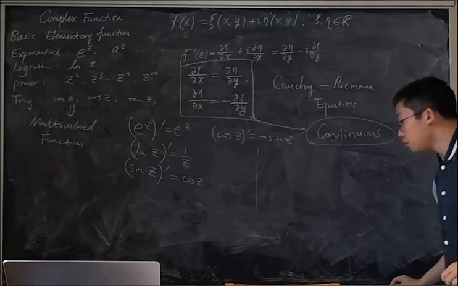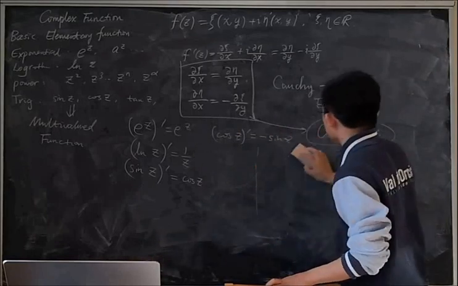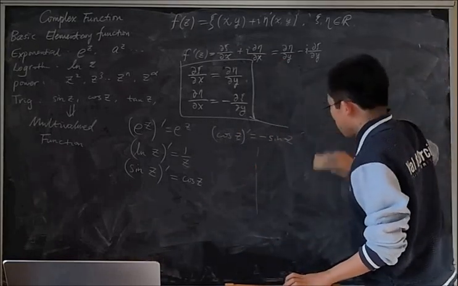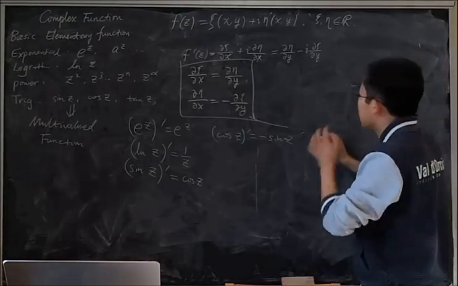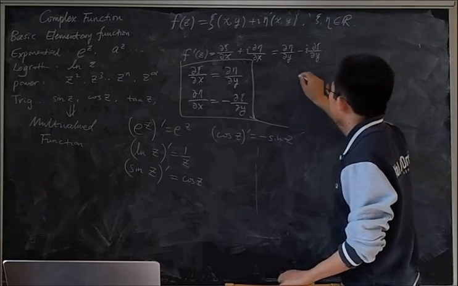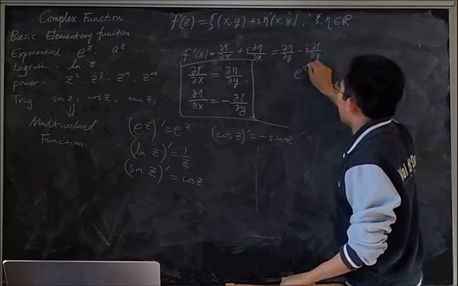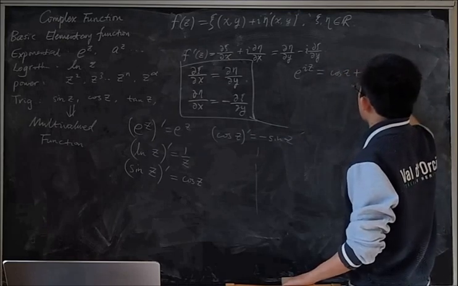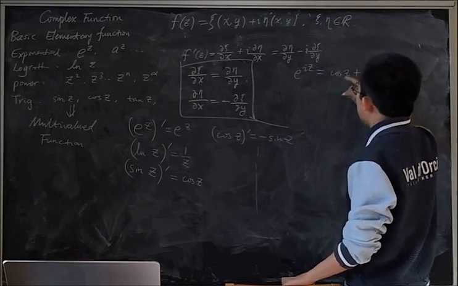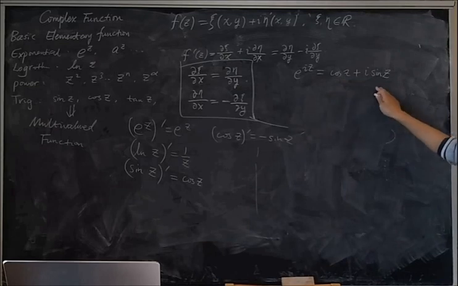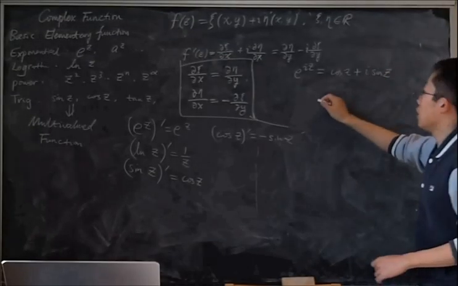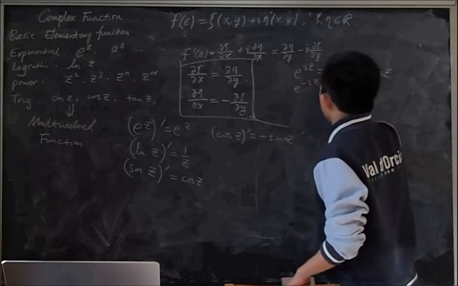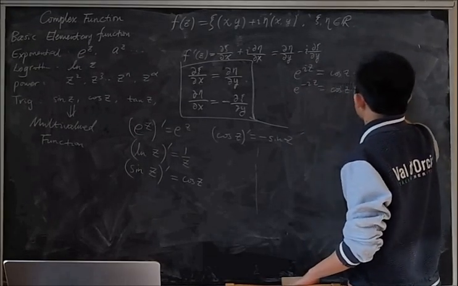We should use, not a trig identity, but Euler's identity. So e to the iz is cosine z plus i sine z. This is true even for complex z. Z doesn't have to be real. And e to the negative iz is cosine z minus i sine z.